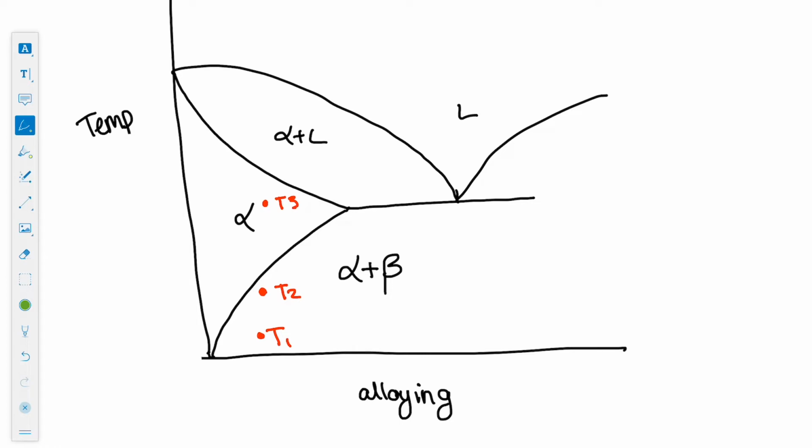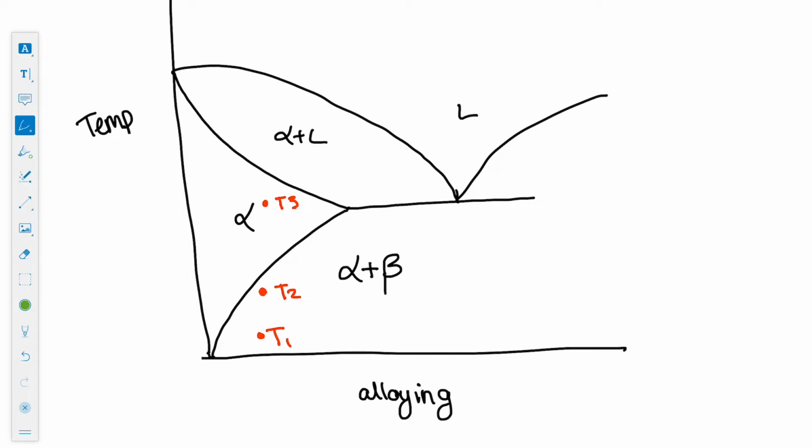So to start off with, I have my untreated samples starting at room temperature. So the first thing I want to do is heat my samples. At room temperature, T1, there's two phases present. I have alpha and beta.